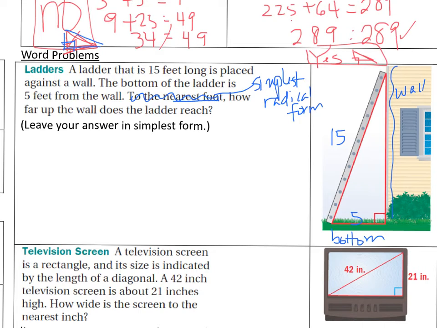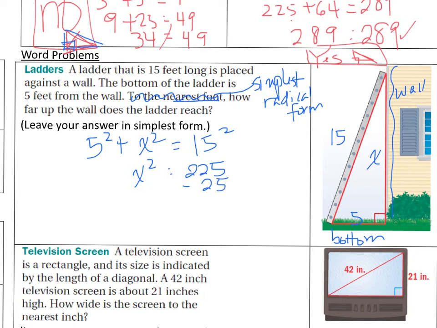How far up the wall does the ladder reach? So we're looking for this. So here we have 5 squared plus x squared equals 15 squared. X squared equals 225 minus 25.